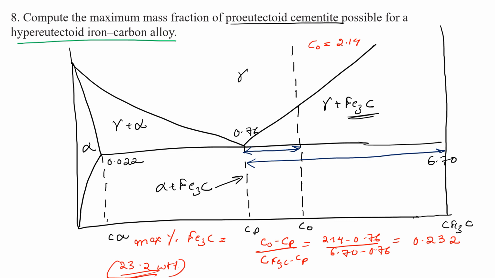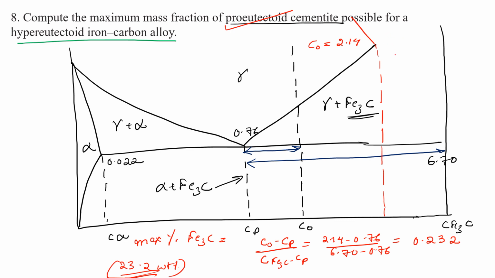So what is the maximum mass fraction? The maximum mass fraction is about 23 in percentage, and 0.23 in mass fraction, that is possible for pro-eutectoid cementite to be present in a hyper-eutectoid iron-carbon system, because after that we'll be going into the region of cast irons, right?